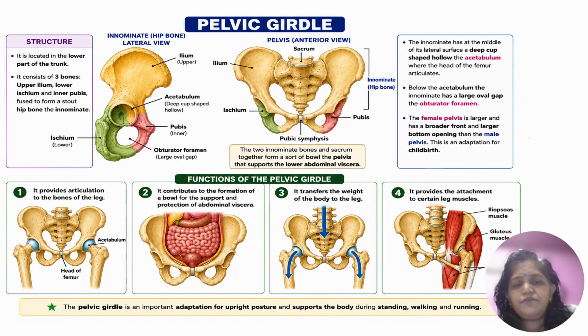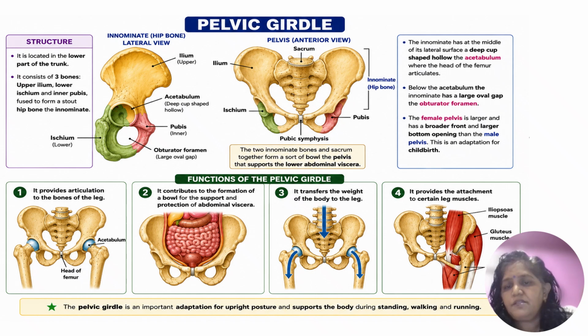It contributes to the formation of the bowl for the support and protection of the abdominal viscera, the important organs like the stomach, intestine, urinary bladder, and uterus in a female. So all that it is supporting, it is giving a good support. The transfer of the weight is on the leg. It shifts the whole thing to the legs.